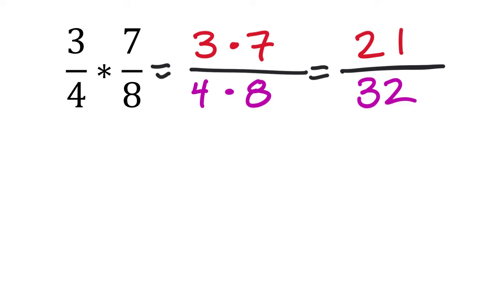And then once again, we'd be looking to simplify this. So that's 21 over 32. We should look and see first if the bigger number is a multiple of the first number, because if it is, then that's usually an easy calculation. But 32 is not a multiple of 21. Okay, that's good.